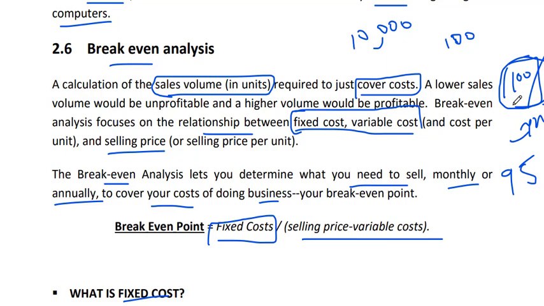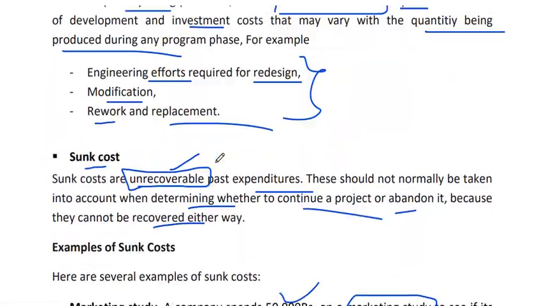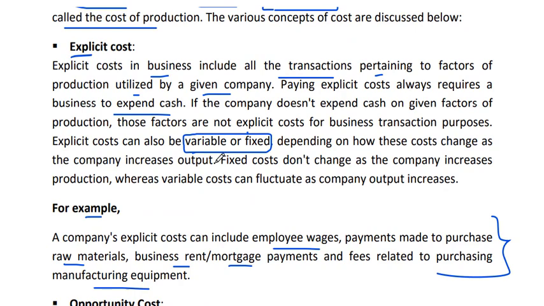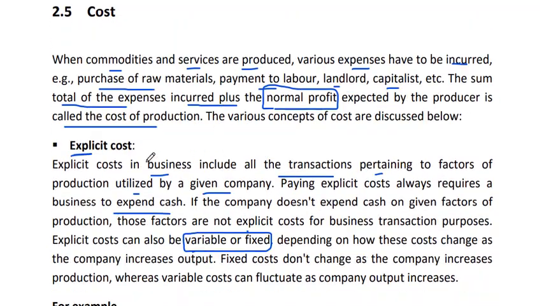So it determines what you need to sell monthly or annually to cover all your cost. It's defined in terms of fixed cost, selling price and variable cost. So these are the different types of cost. In this lecture, what are the different types of cost we have learned?